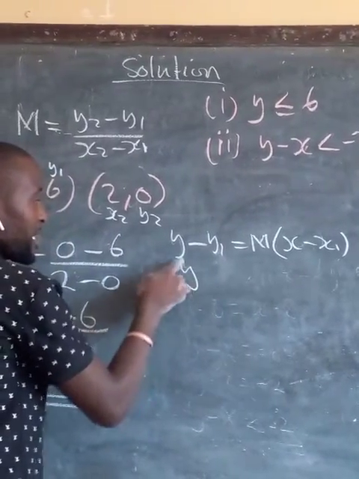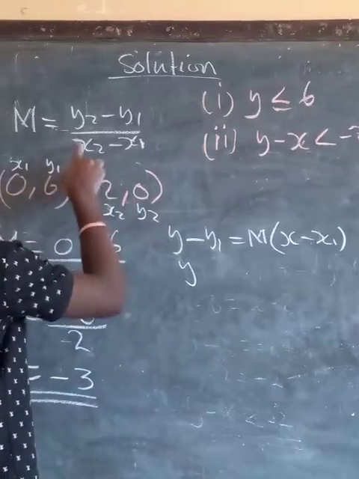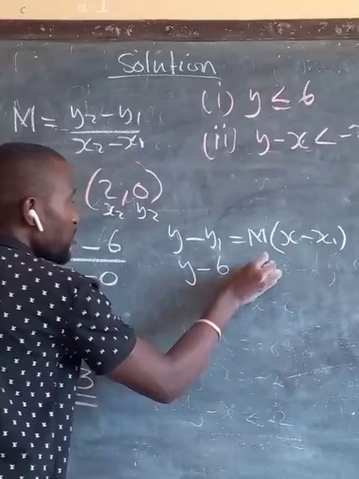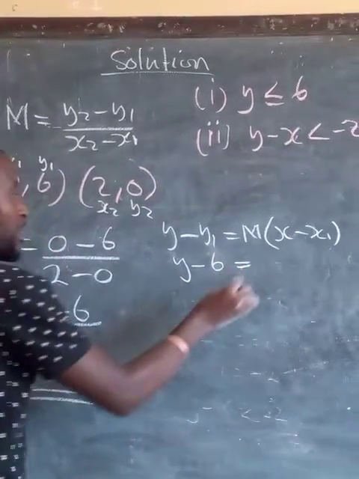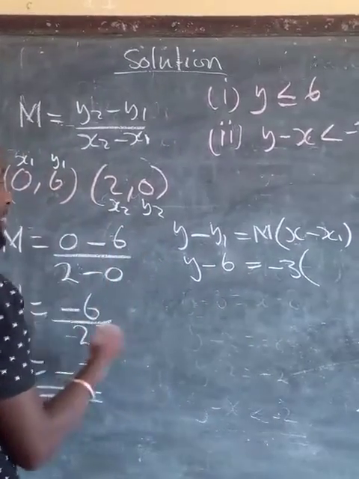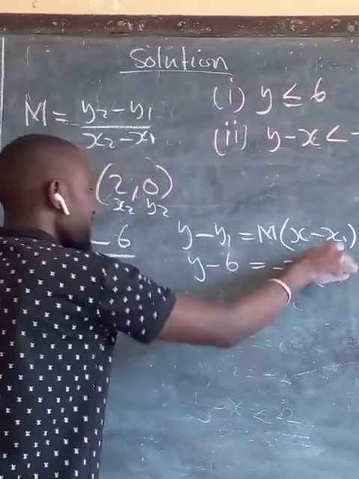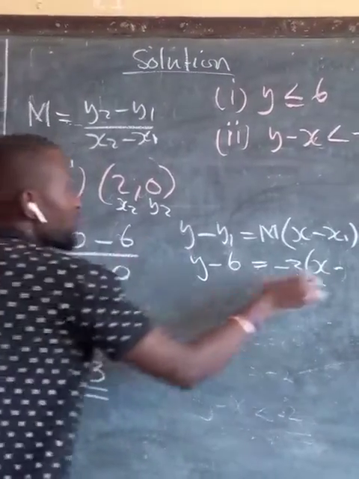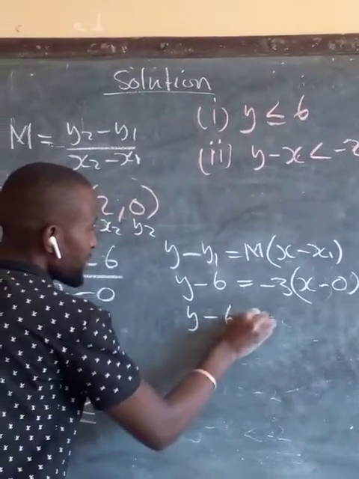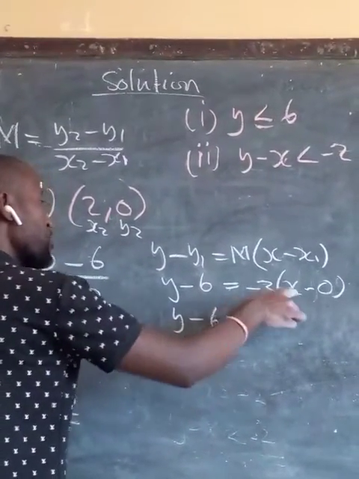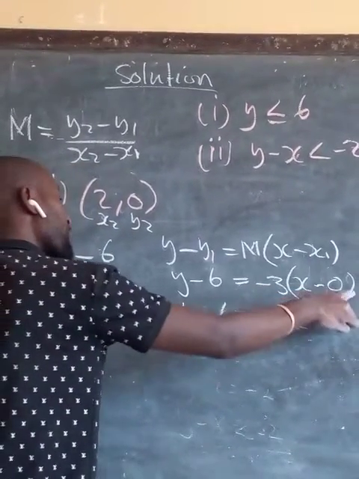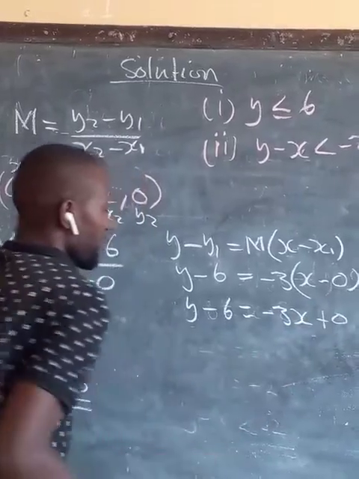But you know y1, which is 6, so you say y minus 6 is equal to the gradient, -3, open bracket, x, I don't know, so you just leave it, minus x1, which is 0. Hence you are going to have y minus 6 is equal to -3 multiplied by x, this is -3x, -3 multiplied by -0 is +0.